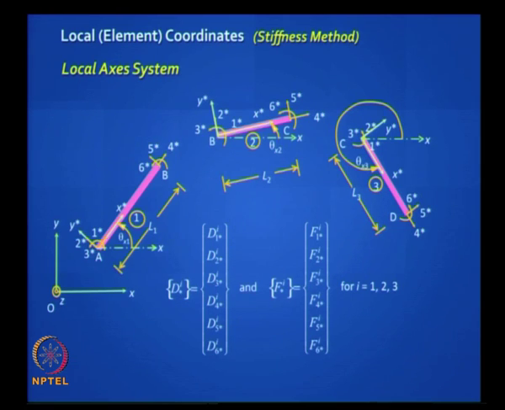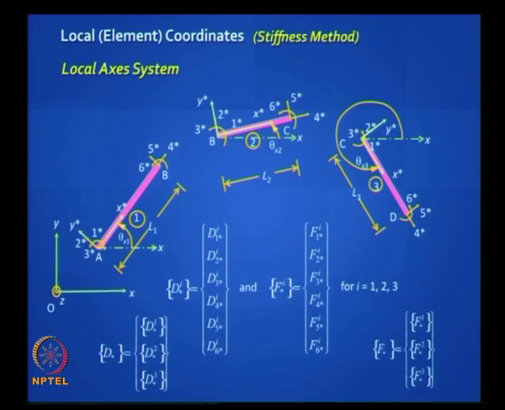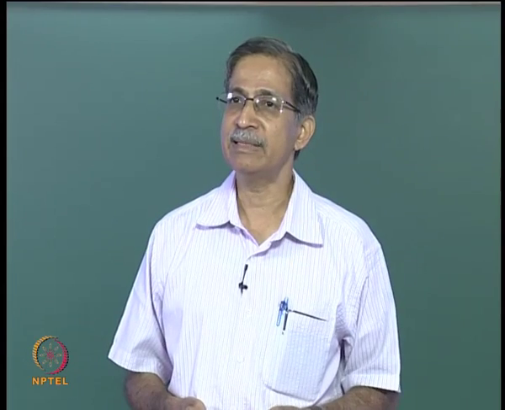You remember the star is what we use when we want to refer to the local system, and in the superscript we put i referring to the ith element. So here i can be 1, 2 or 3, and you have 6 different displacements and 6 different forces, and we can assemble all the elements together into one overall combined element displacement vector D star.